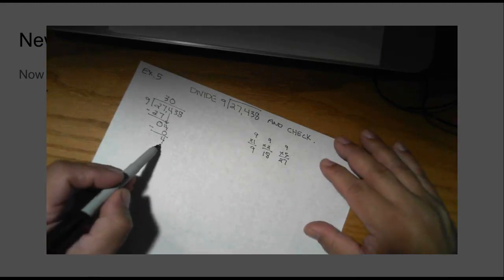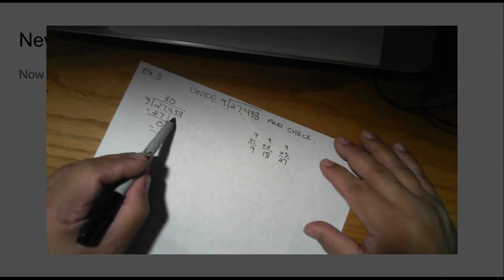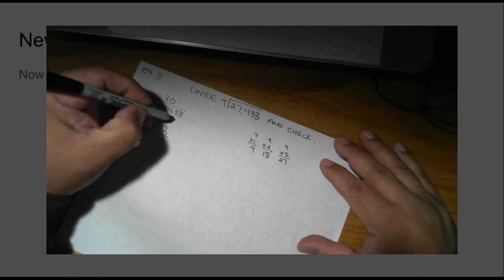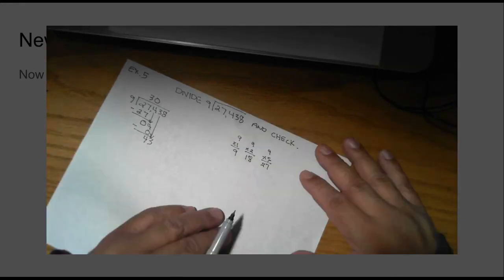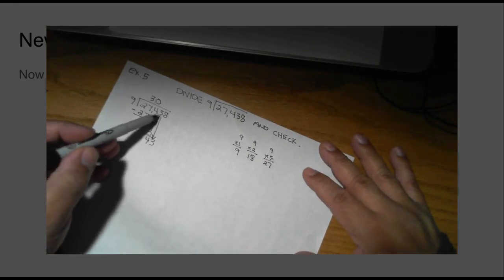And then from here, we see that we have a couple more digits to bring down, so we're going to bring down the 3, and we have 43, okay? So we see here that we have brought down the 3.